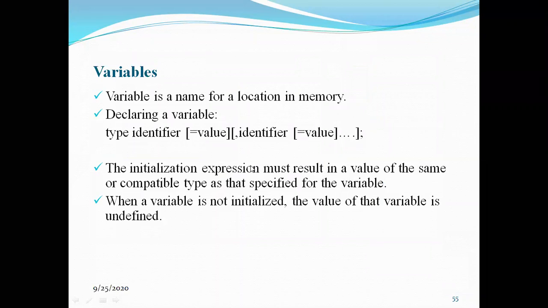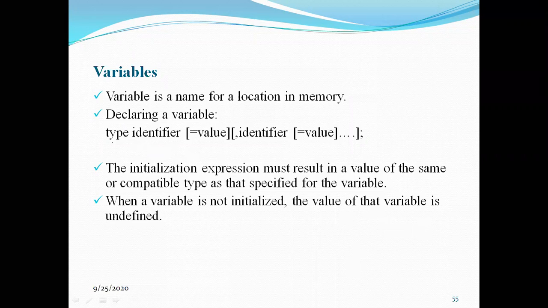Next, coming to variables. What is the difference between variables and constants? You know the syntax. A variable is a name for a location in memory which we are going to use.